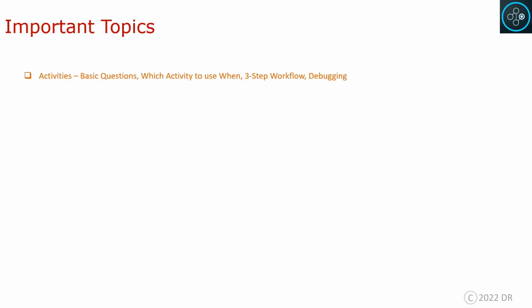Now the first one is activities. You need to know the basics of each of these activities, whether it's A/B, auto-allocate, auto-target, automated personalization, or recommendations. Then you need to know the different types of activities and which is to be used when.